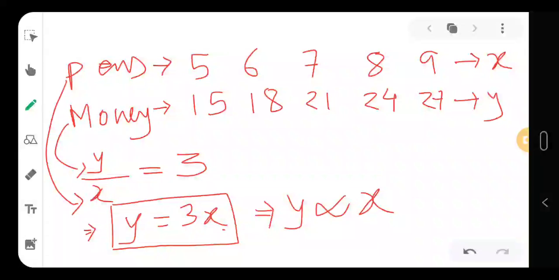This relation is called direct proportionality. So this is a proportional relationship. So this is direct proportionality.